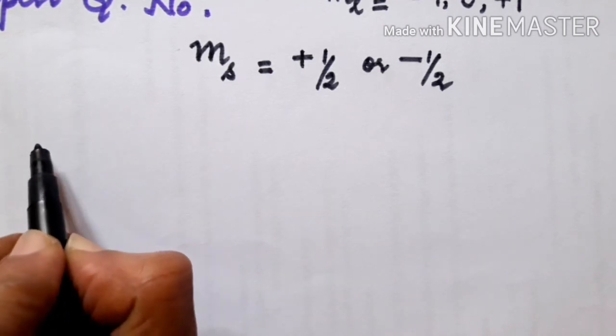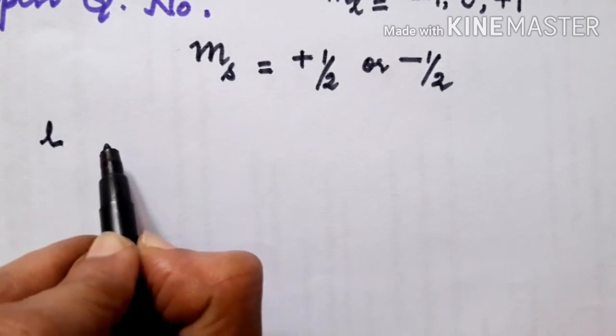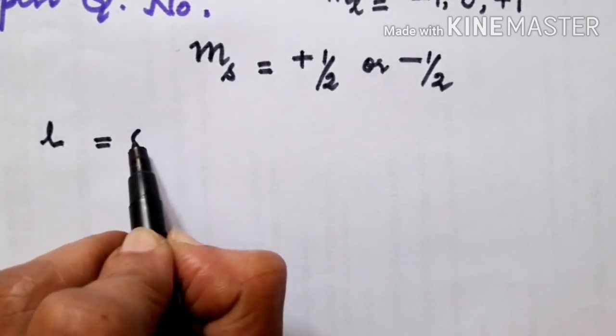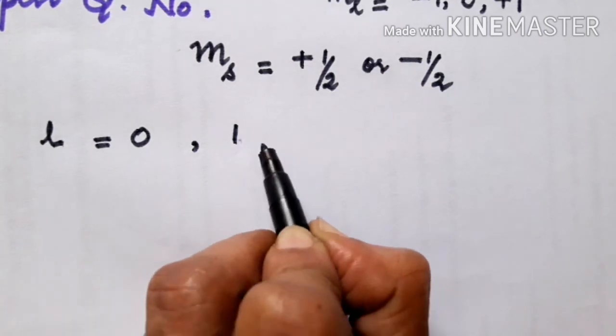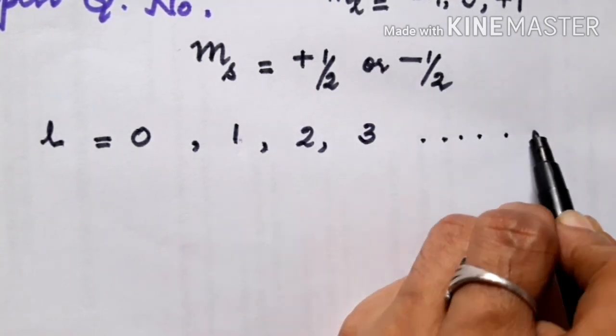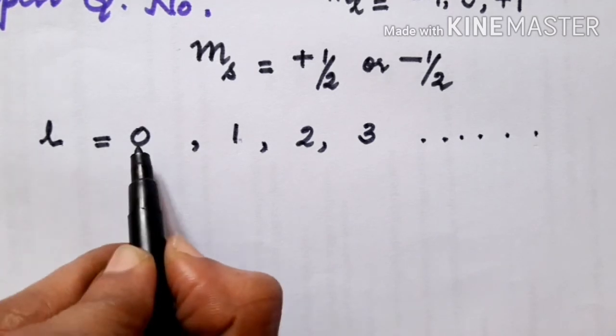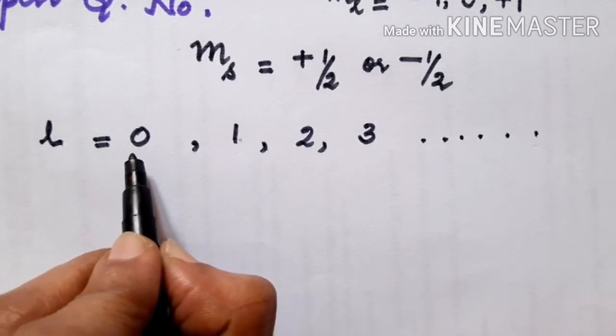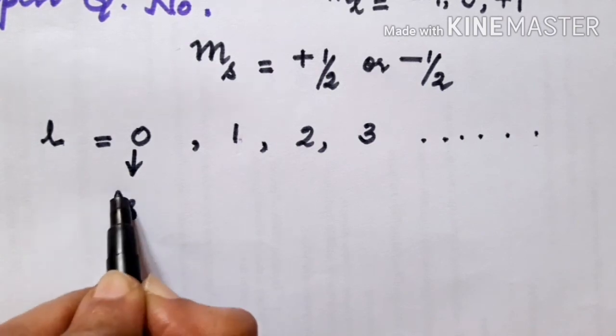One more thing, considering the azimuthal quantum number, it is given by the letter L. L can take values starting from 0, 1, 2, 3, etc. And so you find that if the L value is 0, it denotes the s orbital.